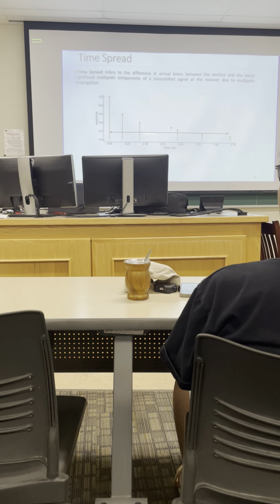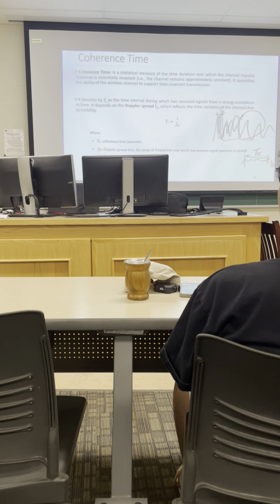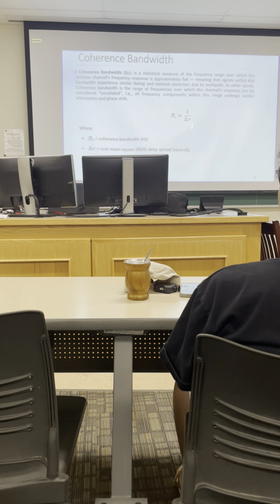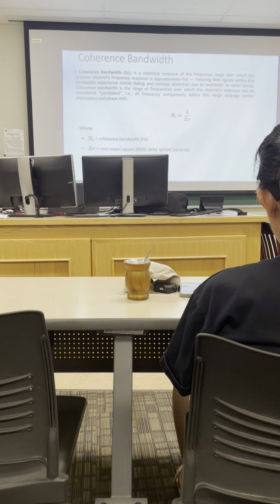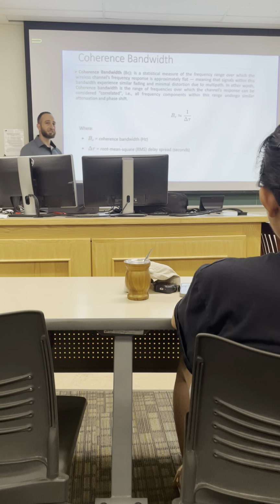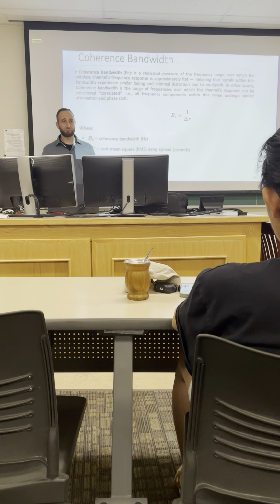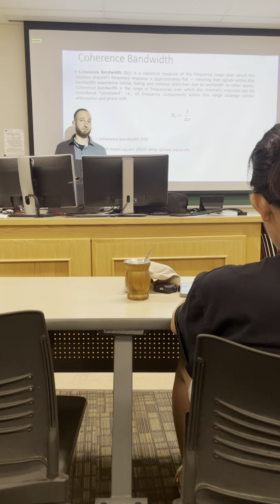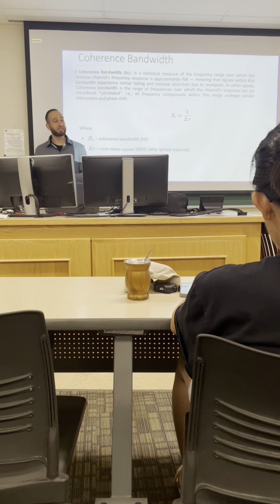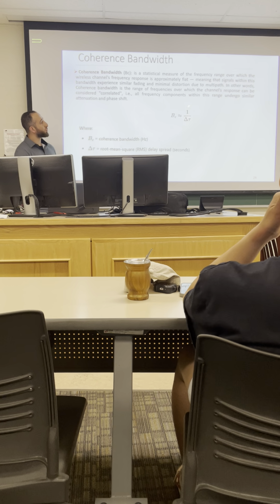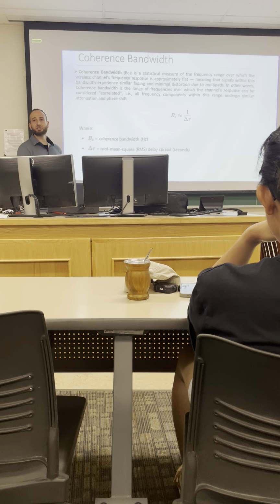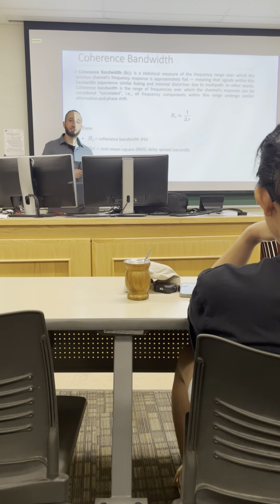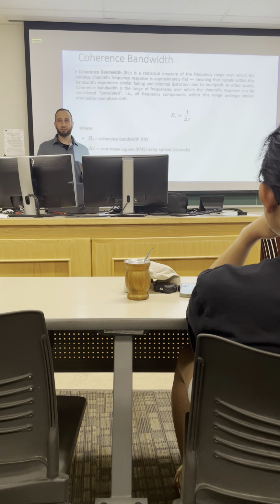This one, okay? Again, this is not the exact expression. Why didn't I put the exact one? Because the exact value depends on the environment itself, and that's why I give you the third assignment, okay? In some cases, this equals 1/5 of the delay spread, in some cases 1/50, right?